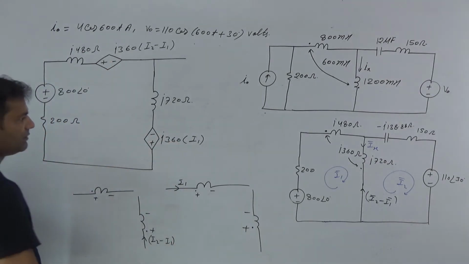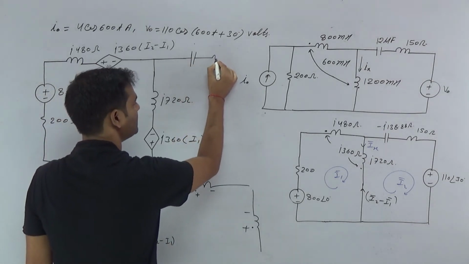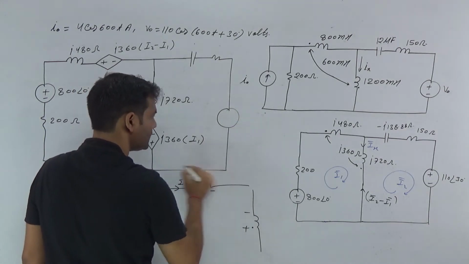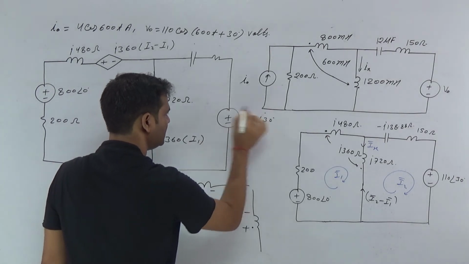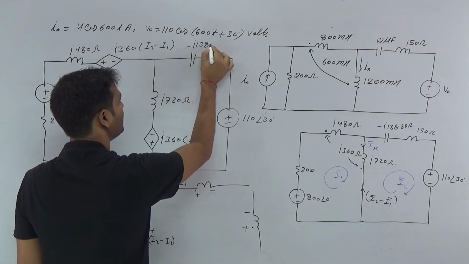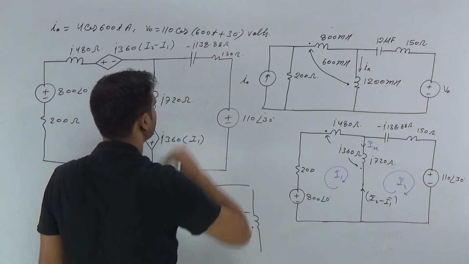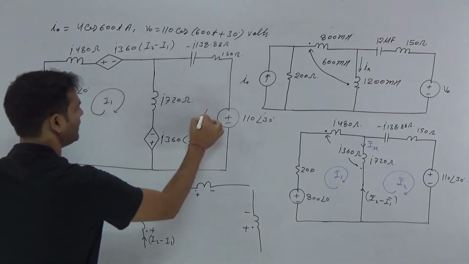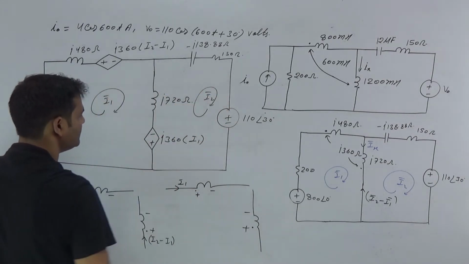Okay, now next one, plus minus 110 at the angle 30 degree, and that is J138.88 ohm, and here 150 ohm. Okay, now in this loop current I1, or in this loop current I2, that is I1, that is I2.